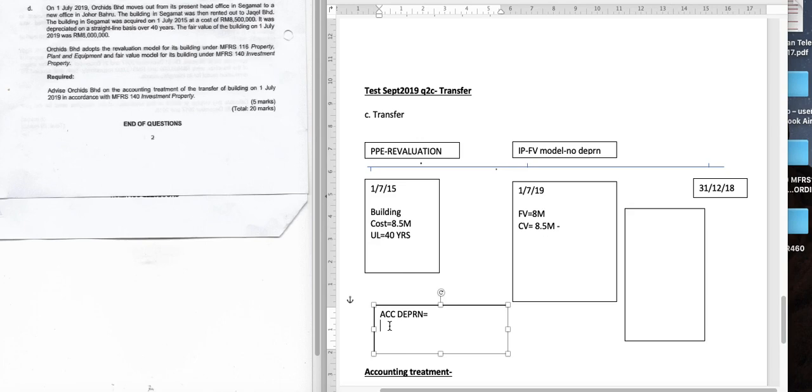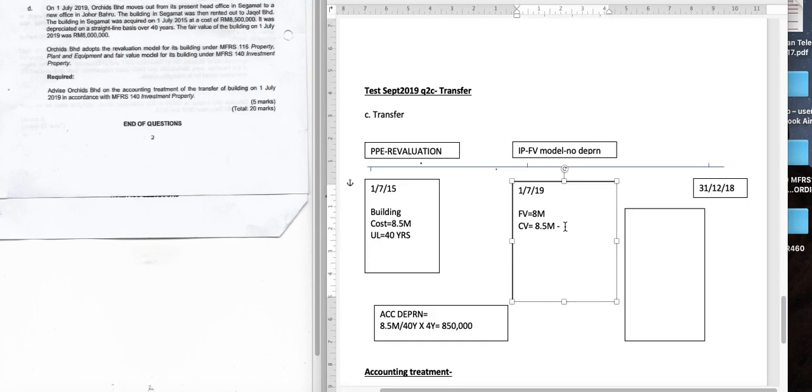So the accumulated depreciation will be 8.5 million divided by 40 years times 4 years. So you should get 850,000. Okay. So that is accumulated depreciation.